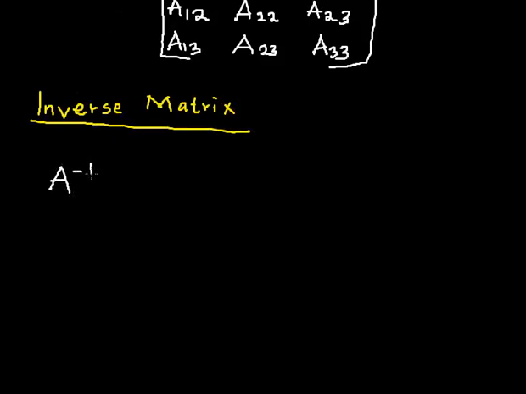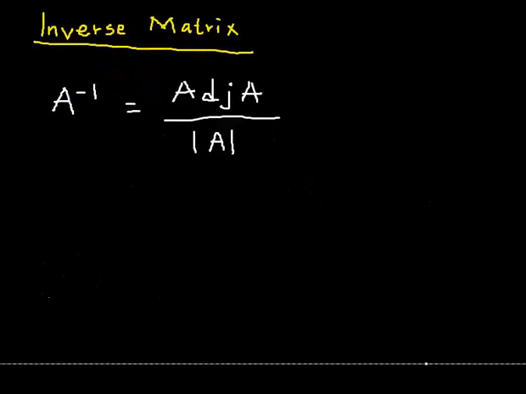Let's say A inverse, I use that to represent the inverse of a matrix A. All I need to do is divide the adjoint of the matrix by the determinant of the matrix. As simple as that. Then I can illustrate this using just a 2 by 2 matrix.